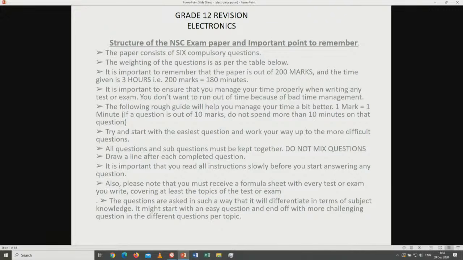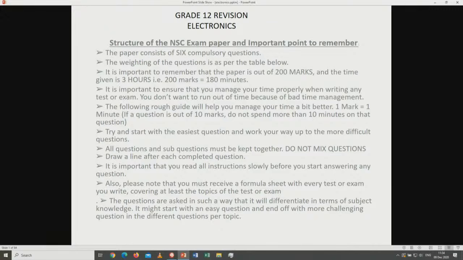Before writing, it is important to ensure that you manage your time properly when writing any test or exam. You do not want to run out of time because of bad time management. The following rough guide will help you manage your time a bit better: 1 mark, 1 minute. If a question is out of 10 marks, do not spend more than 10 minutes on that question.